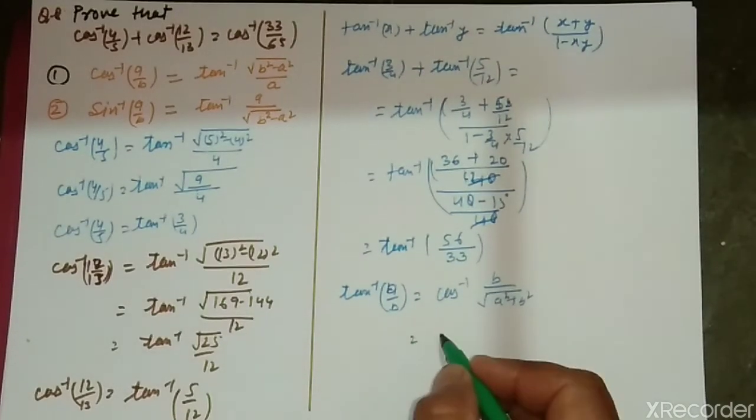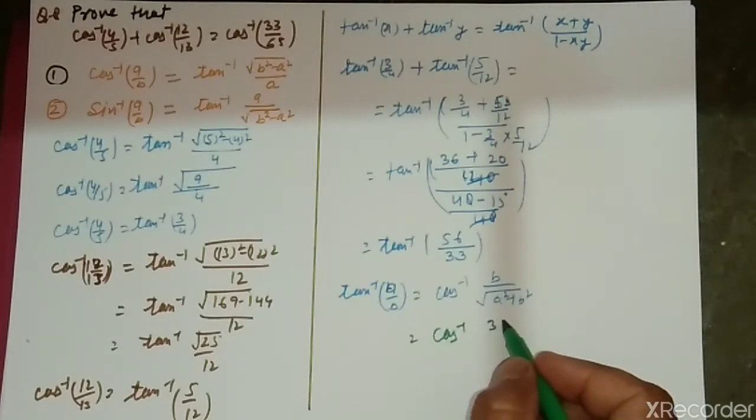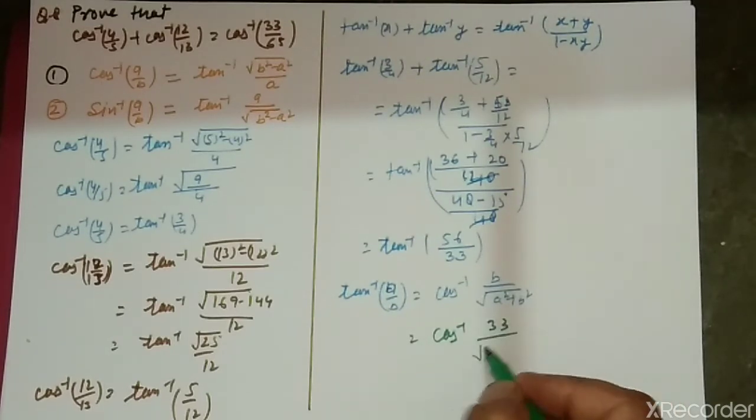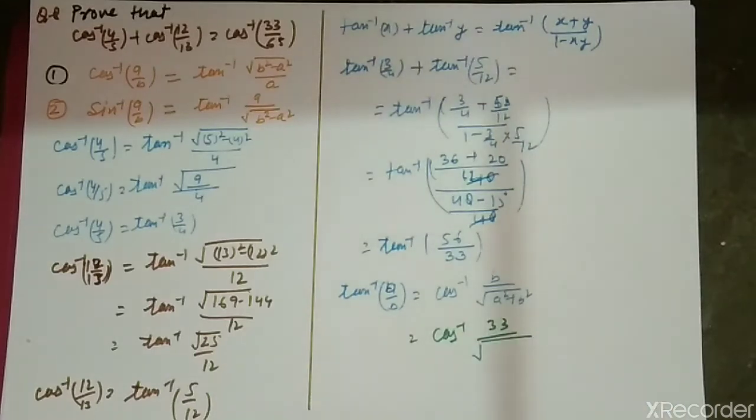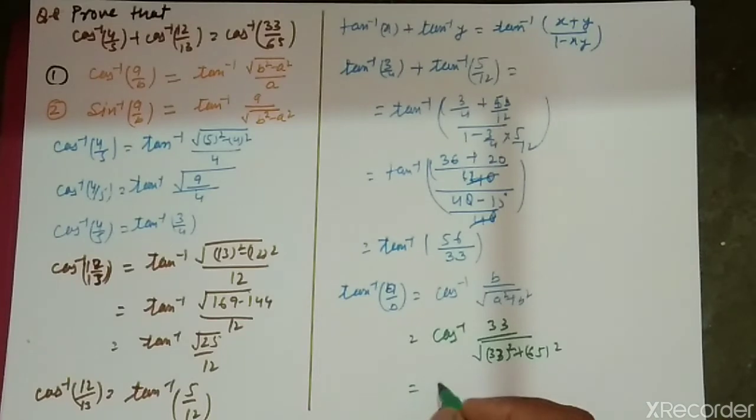cos inverse, b is 33, upon under root, we have 33 whole square plus 65 whole square, so we get cos inverse 33 upon under root 4225, and that is 65.